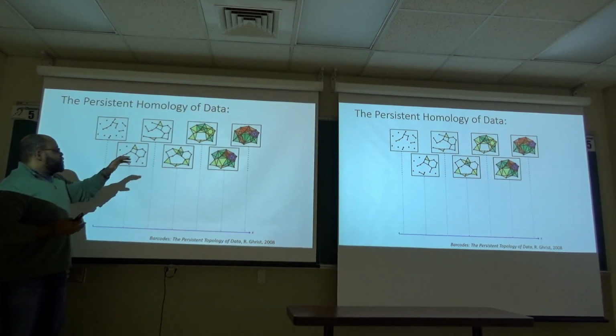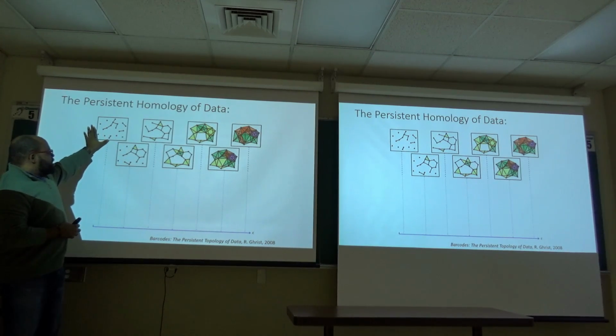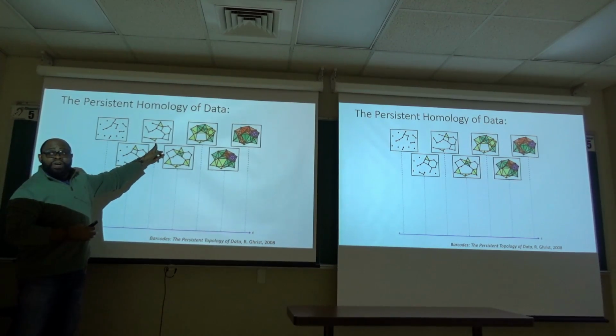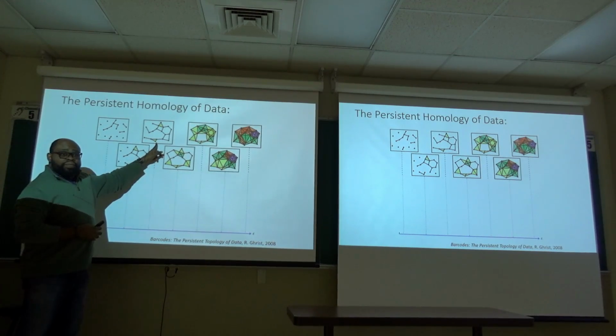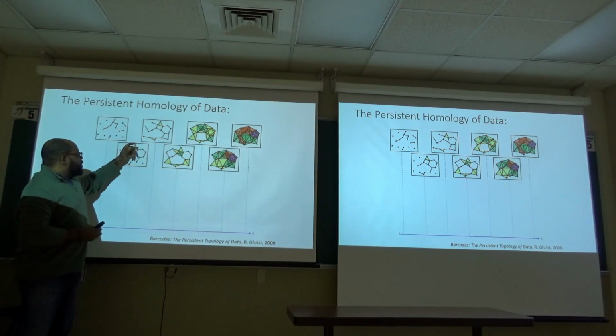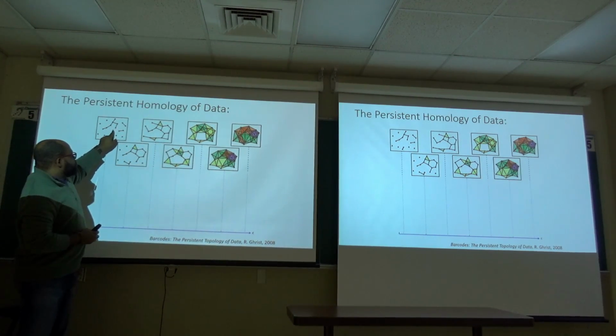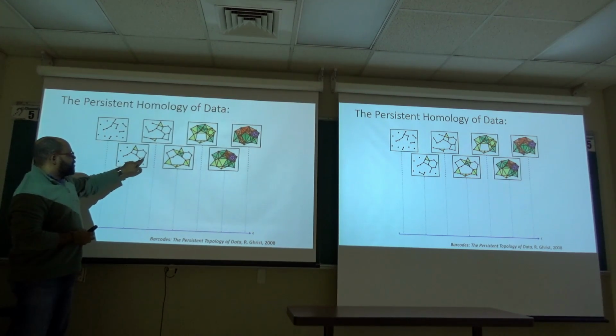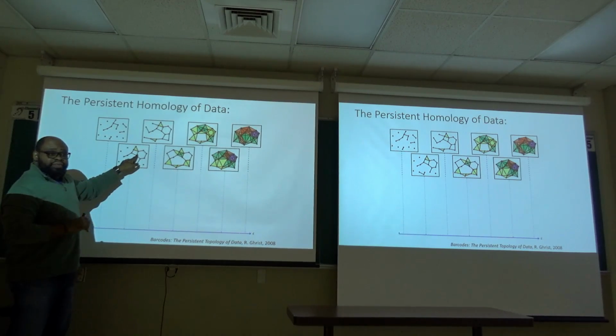So hopefully what you will see is that at the beginning, everything is disconnected, but at some point, everything is now connected. Okay? Hopefully what you will see is that there are no loops in this side, but now here there is, for example, this loop and this loop that are not filled in by anything.